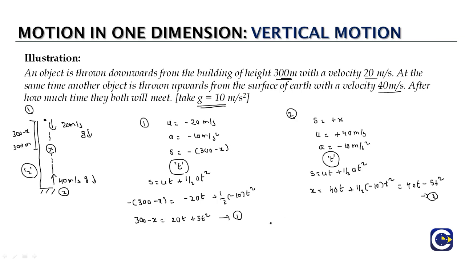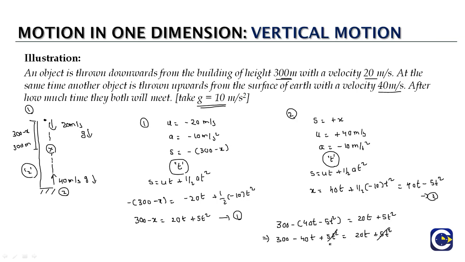So if you substitute the value of x to be 40t minus 5t square, what we will get is 300 minus, in place of x we are substituting 40t minus 5t square, will be equal to 20t plus 5t square. This will give us 300 minus 40t plus 5t square is equal to 20t plus 5t square.